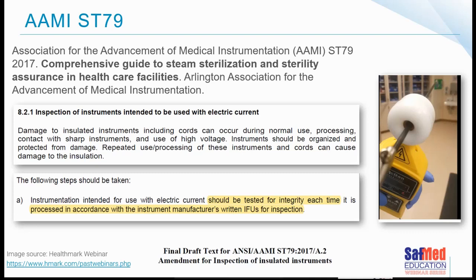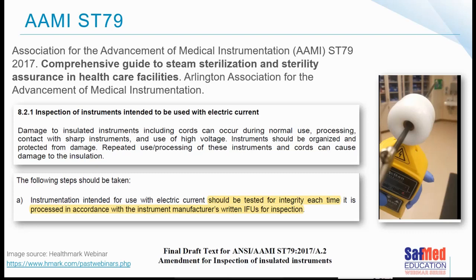And it says over here, of course, as we know, damage to insulated instruments, including cords, can occur during normal use, processing with contact from sharp instruments, and the use of high voltage currents. Instruments should be organized and protected from damage. Repeated use and reprocessing of these devices and cords can cause damage to the insulation.